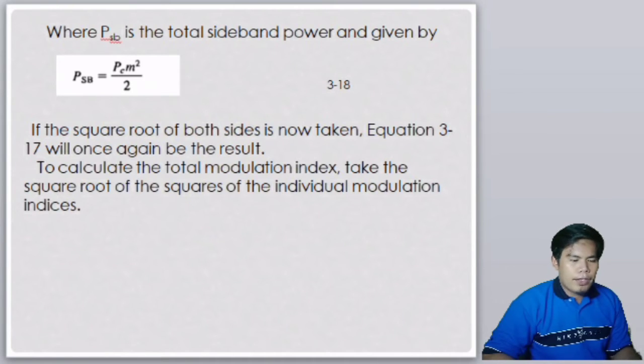If the square root of both sides is now taken, equation 3-17 will once again be the result. To calculate the total modulation index, take the square root of the sum of the squares of the individual modulation indices.